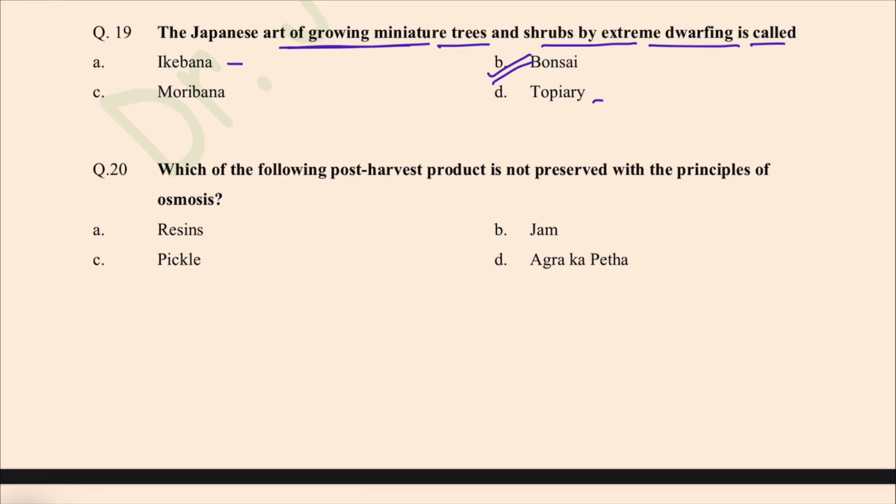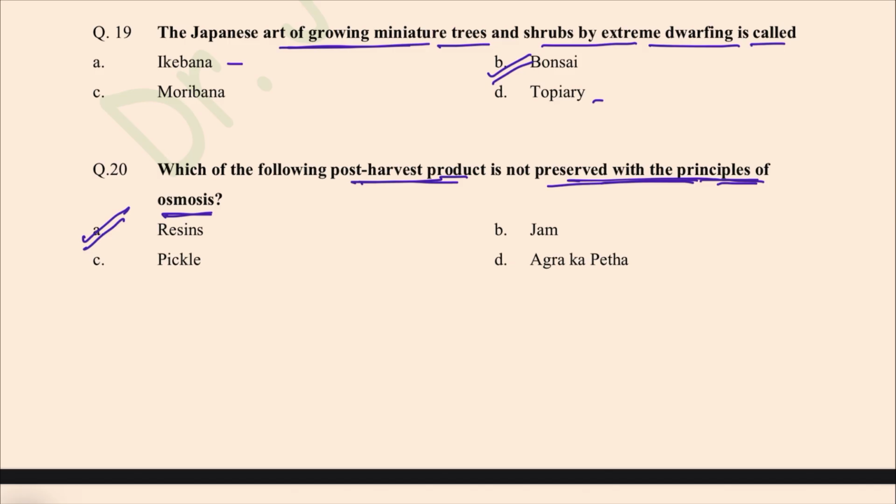Which of the following post-harvest products is not preserved with the principle of osmosis? The right answer here is resins. Why resins? See, osmosis is basically the movement of water across a semi-permeable membrane from an area of high water concentration to low water concentration.